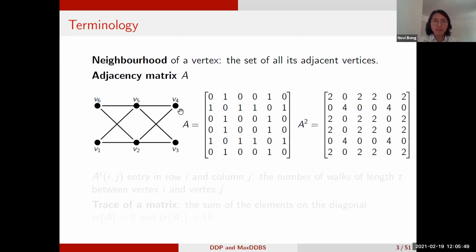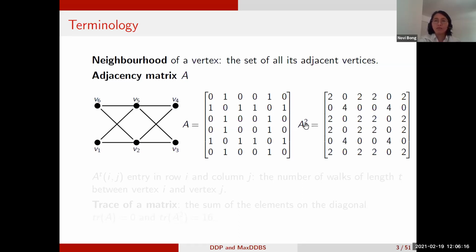Since we are talking about simple graphs, the entries of the matrix are just 0 or 1. As you can see here, there is an edge from V1 to V2, so you put a 1 here, and V1 is also connected to V5, so you have a 1 here. You will also notice that all the entries on the main diagonal are zeros because there is no loop in this graph.